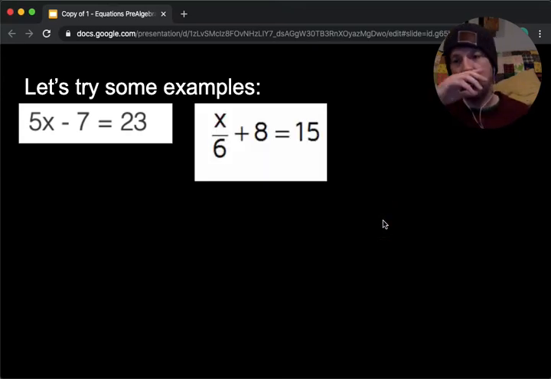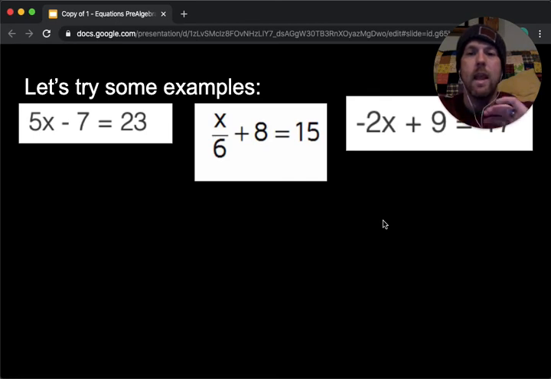I'm going to pull up 2 more examples, and I wanted to look especially at x divided by 6 plus 8 equals 15. Now, in this equation, I have division and addition. Which one do I want to do first? Correct.